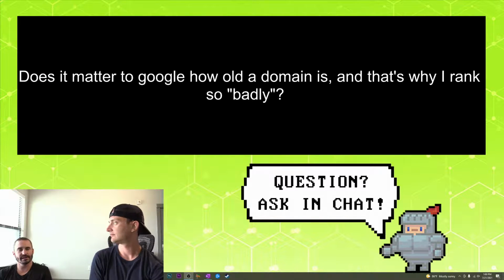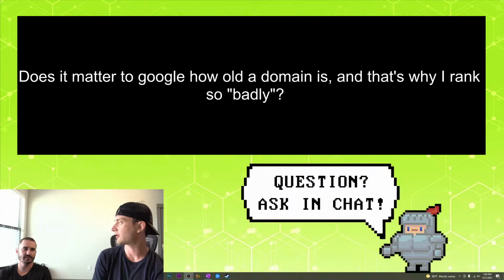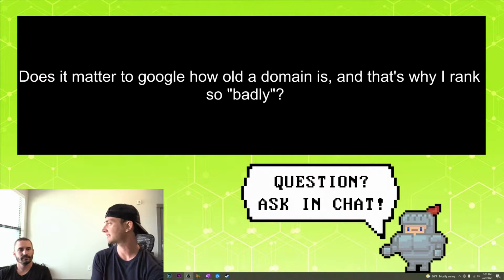It wasn't like it hacked all this trust by being old. How many URLs did it have? It was a massive site, over 500 referring domains. How many URLs did the site have indexed in the beginning? When I first bought it, I just did an archive rebuild, which I'm sure didn't help things out.